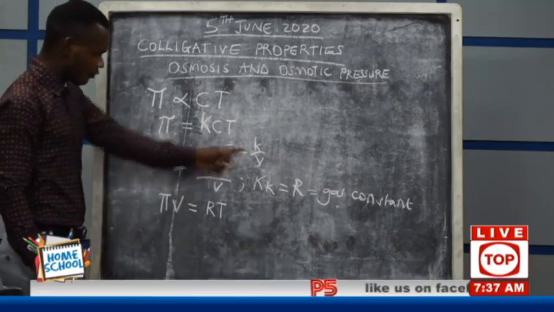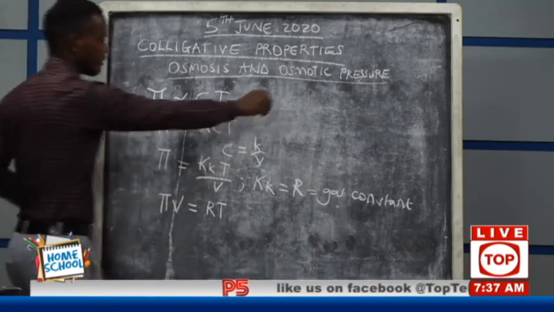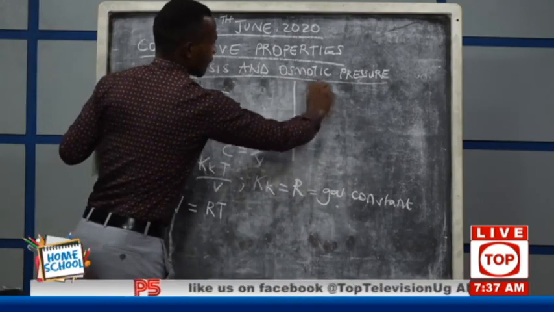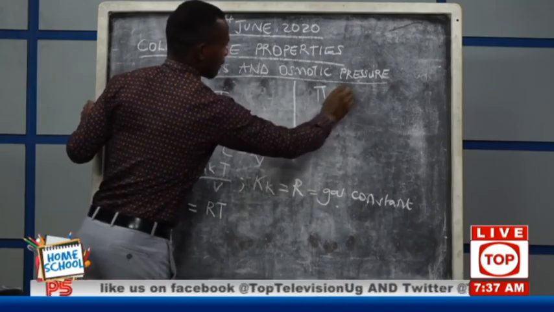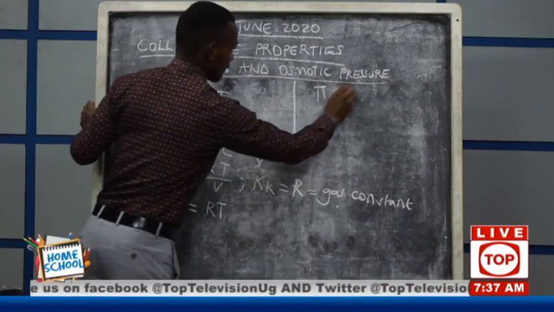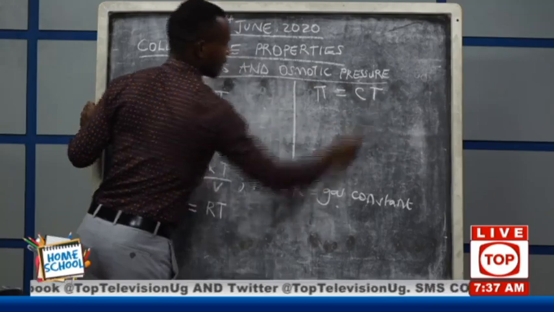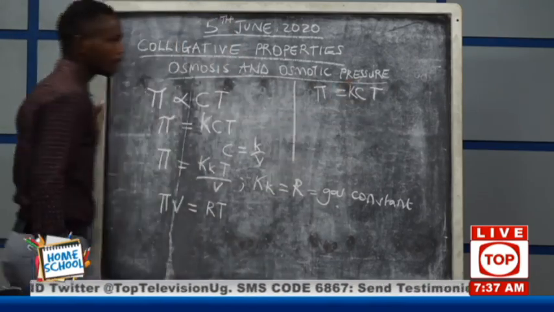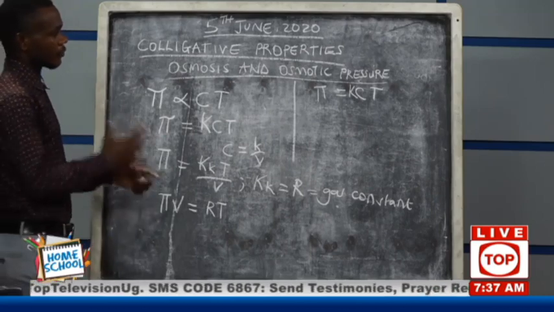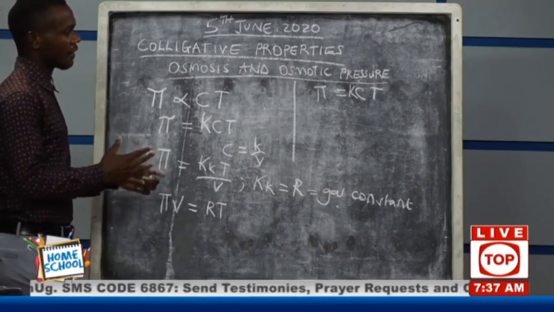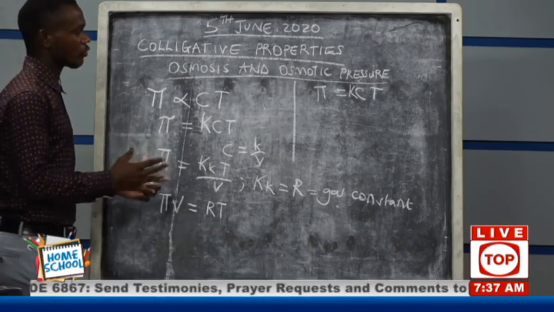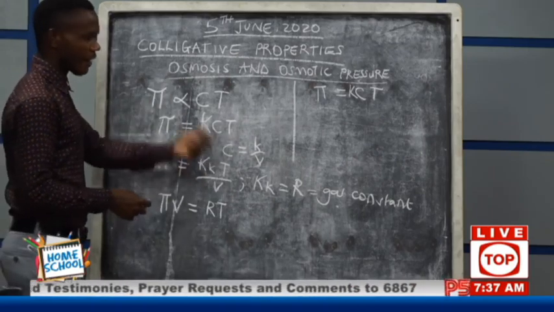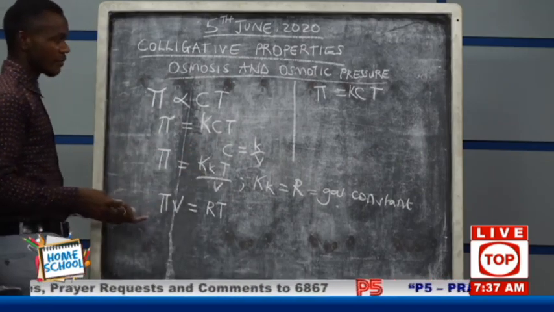Most people don't do this. They do this. They begin from pi is equal to KCT. Osmotic pressure is equal to K times concentration times the temperature.